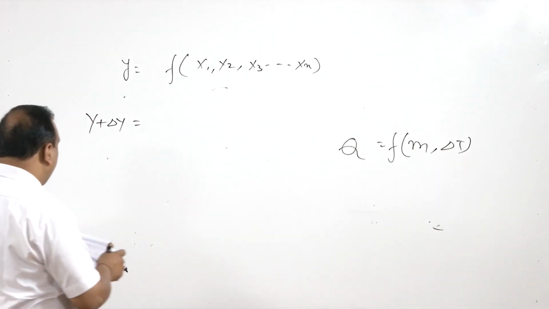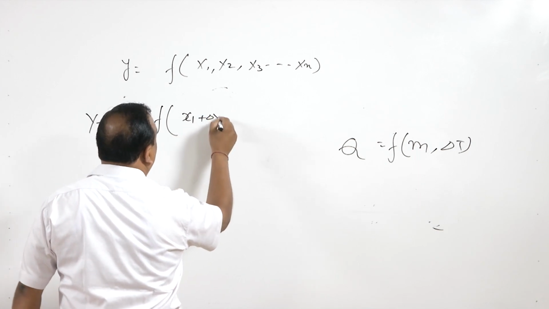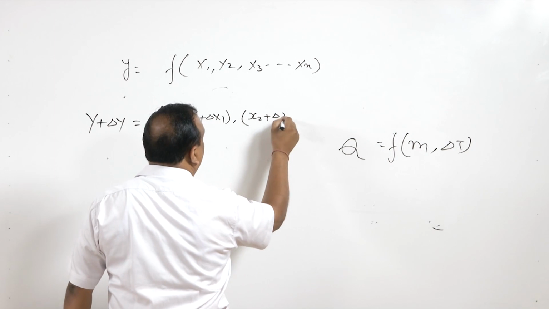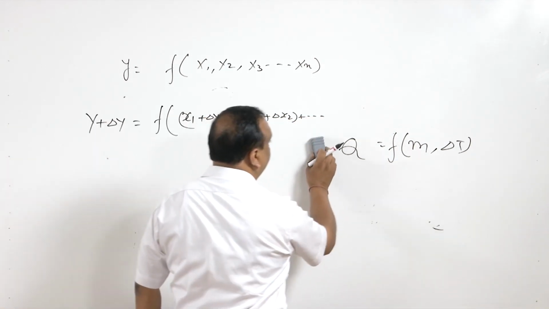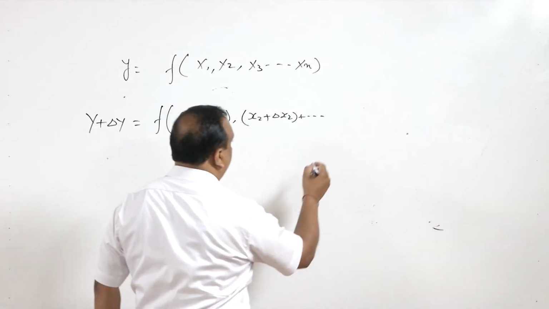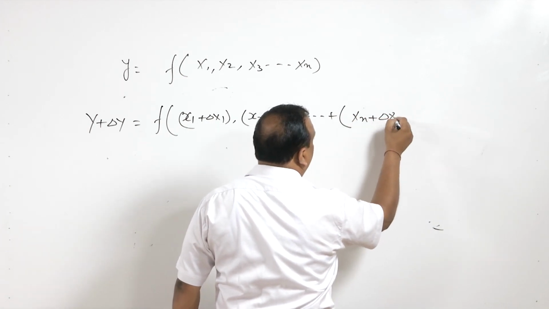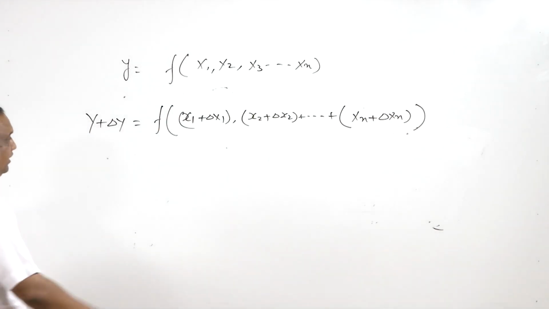So this is going to be equal to f of x1 plus delta x1, x2 plus delta x2 and so on, going up to xn plus delta xn. Their cumulative effect.